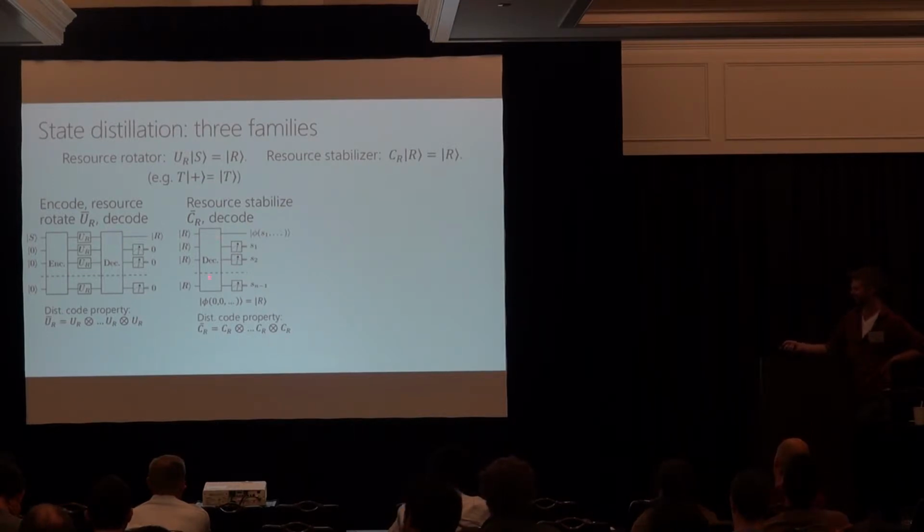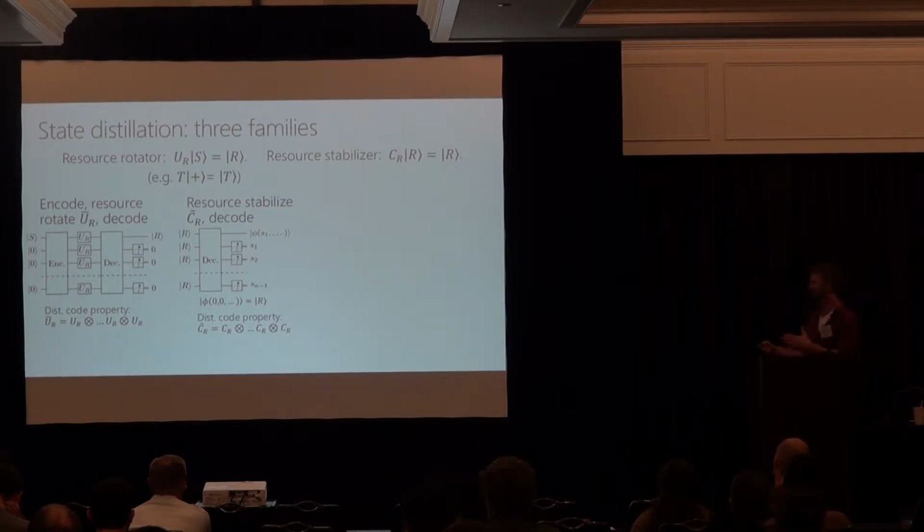And then if we simply decode from this distillation code, then because this is a logical gate of the code itself, provided we happen to get the +1 eigenstates of the code afterwards, then we automatically are in a code state and an eigenstate of the stabilizer, so we have the resource state. And again, you get error suppression given by the distance of the code.